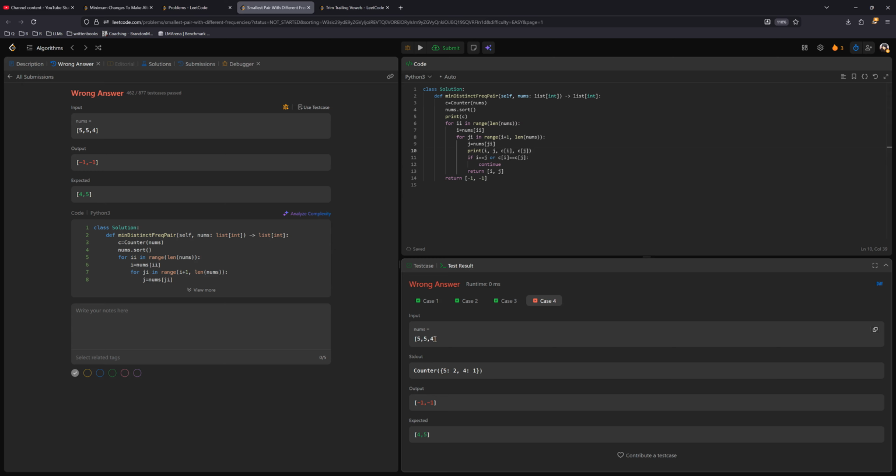How incredibly odd. Print C, length nums, I guess.